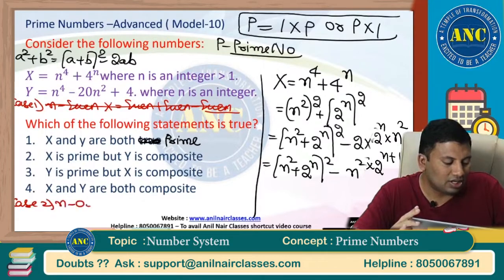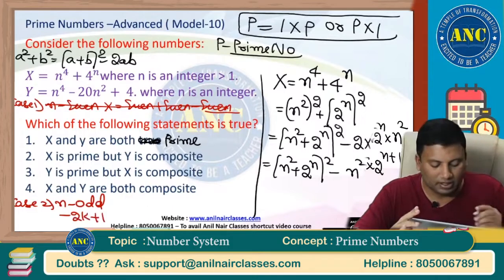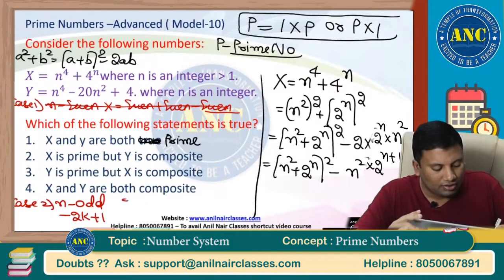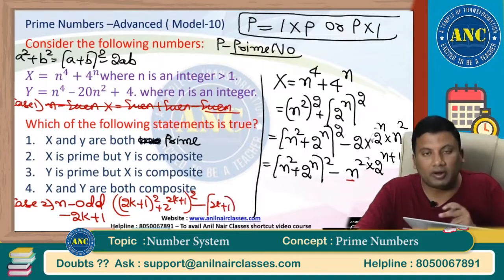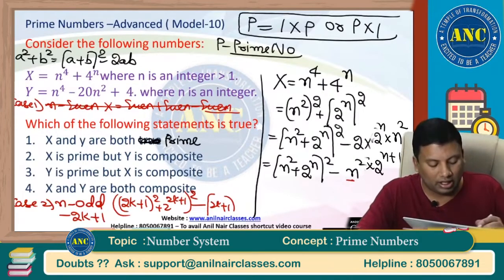Case number 2. If n is odd, any odd number can be written in the form 2k plus 1. Now, if you observe, this is nothing but 2k plus 1 whole square plus 2 power 2k plus 1 whole square, minus 2k plus 1 whole square into 2 power 2k plus 1 plus 1, that is 2k plus 2.